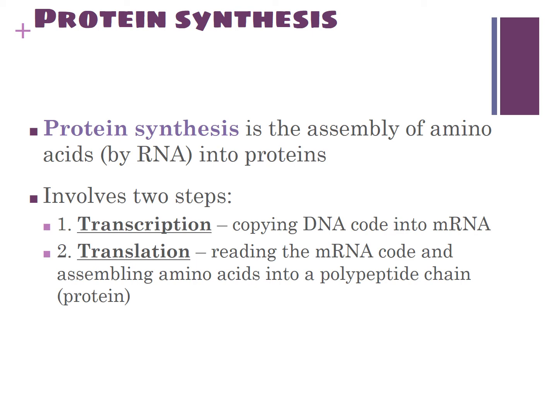And then there's translation, where the messenger RNA's code is read, and then the transfer RNA helps to assemble that code into a polypeptide chain or a protein. Remember that the monomer of a protein is an amino acid, so that polypeptide or that protein is going to be made up of amino acids.